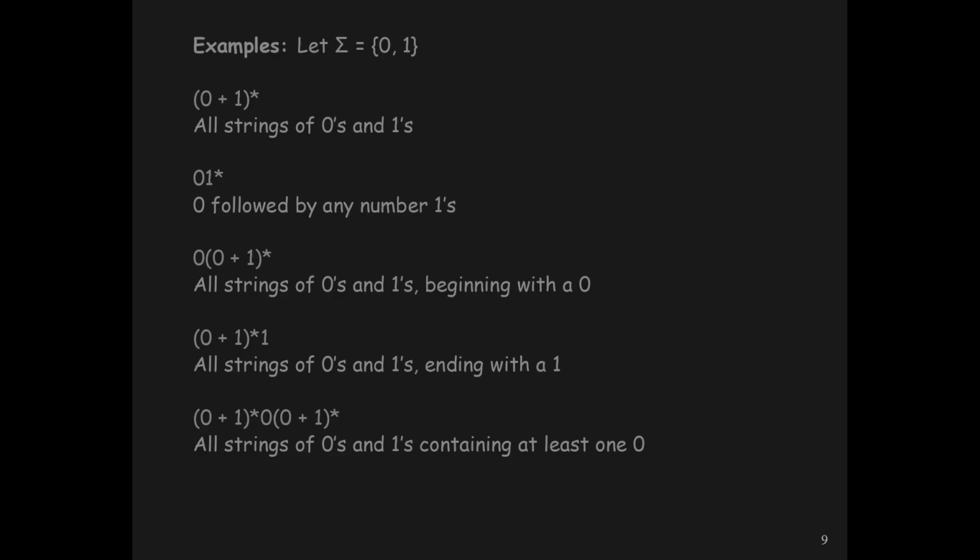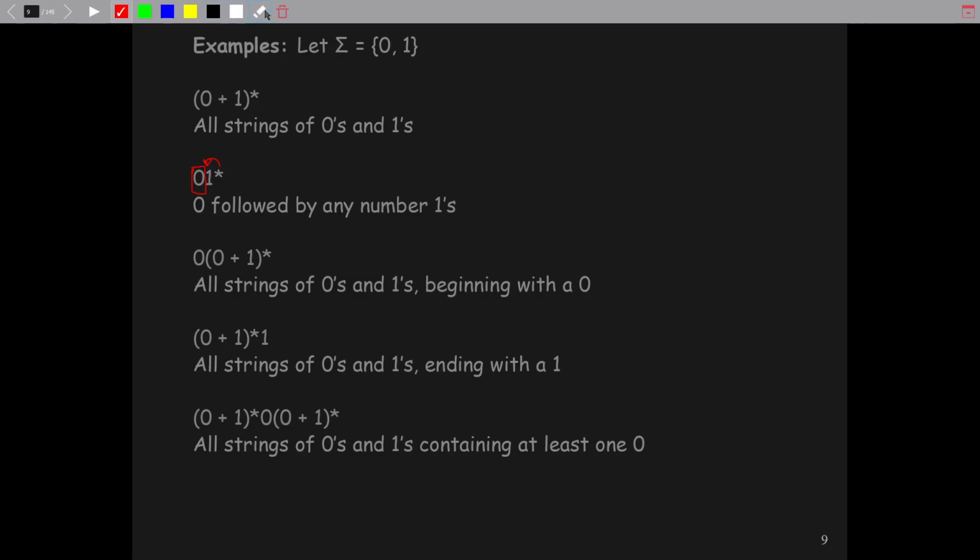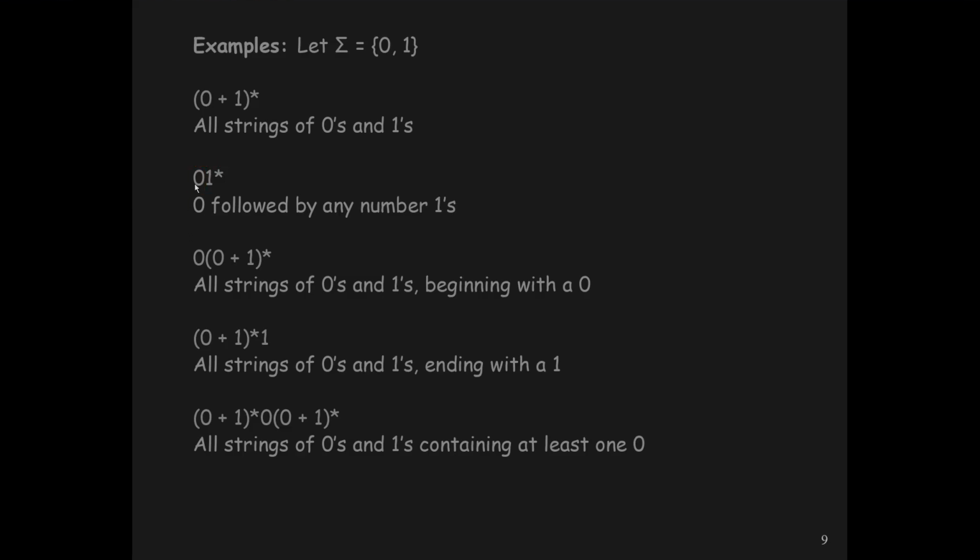Anyways, next, 0 1 star. So first we start with the 0, and you cannot skip this because the star only applies to the 1 here, not to the 0. Okay? So you have the 0, and then you have the 1 star. Now the 1 star, you can have no ones at all.